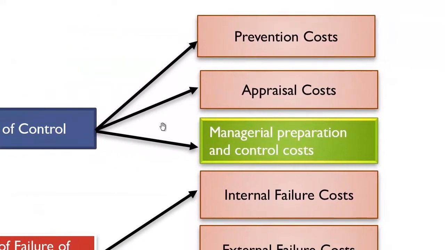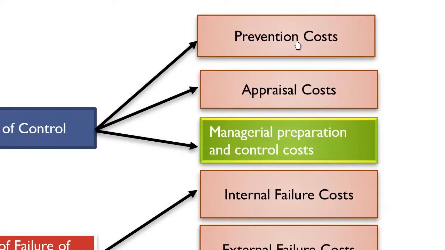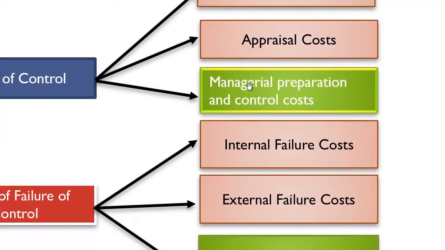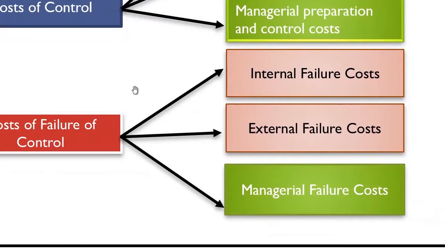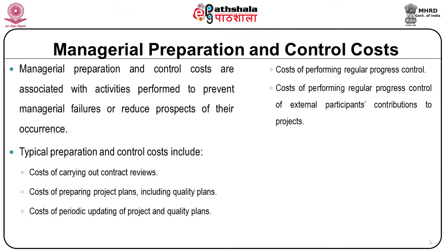And in the previous model we have discussed prevention costs and appraisal costs. In addition to prevention costs and appraisal costs, in the extended model we have managerial preparation and control costs. In the second case, in addition to internal failure costs and external failure costs, we have managerial failure costs.